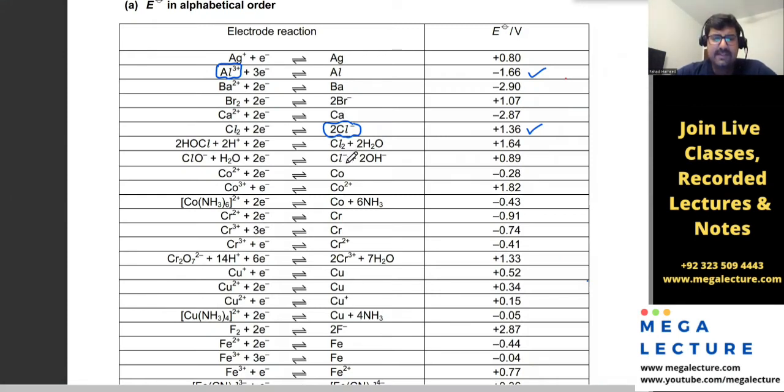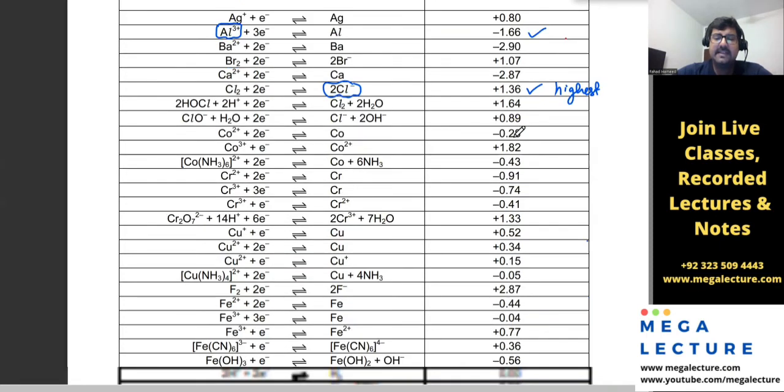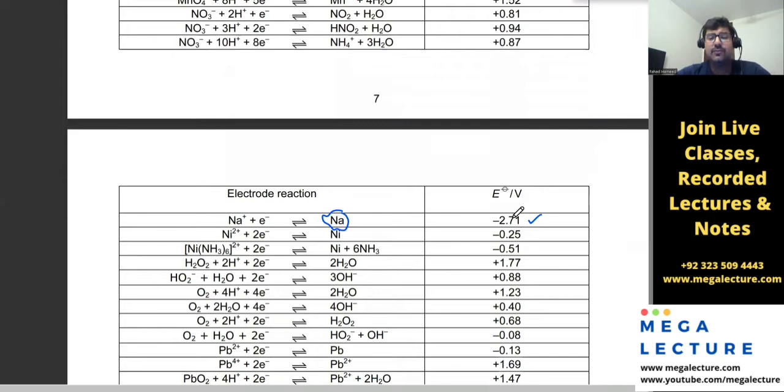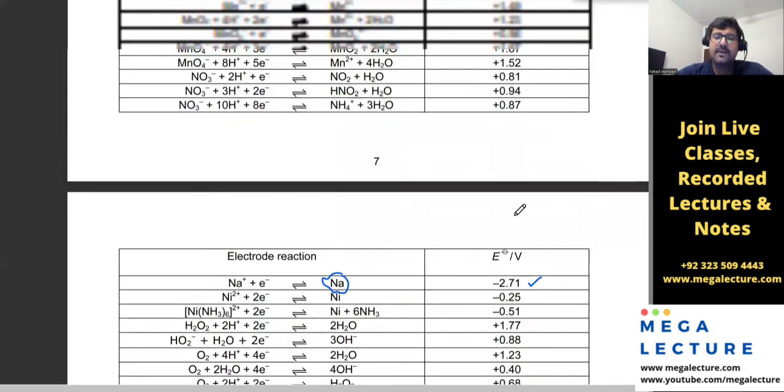And there's probably no other Cl minus 1 equation. So anyway, we're dealing with 3 equations. Highest potential gains electrons. So highest at the moment is 1.36. Then you have minus 1.66, and then there is Na right at the bottom, which is minus 2.71. So the highest is 1.36, right?